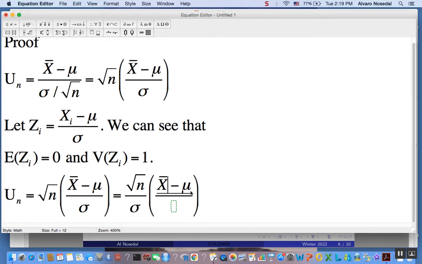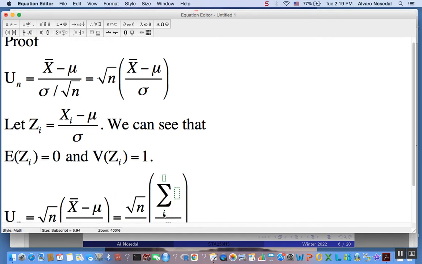Note that x bar is the same as the summation of xi's divided by n. Agreed?